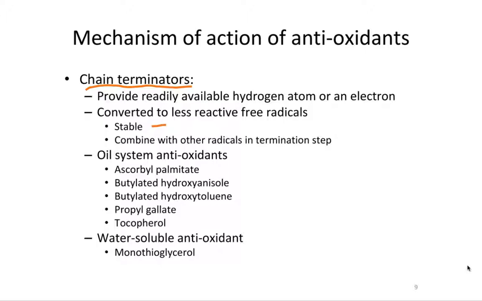They combine with other radicals in the termination step, providing an opportunity to prevent the drug molecules from being oxidized to stable oxidized products later on. There are two different categories of chain terminators that are utilized in pharmaceutical dosage forms. Oil system antioxidants, which include ascorbyl palmitate, butylated hydroxyanisole, butylated hydroxytoluene, propyl gallate, and tocopherol.